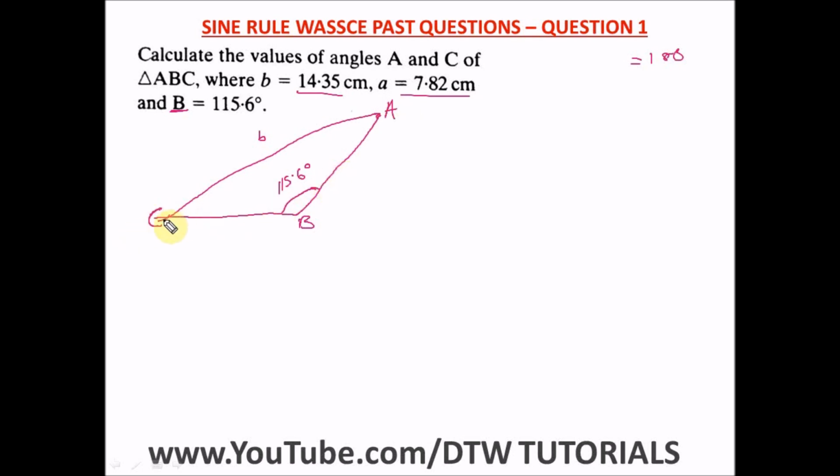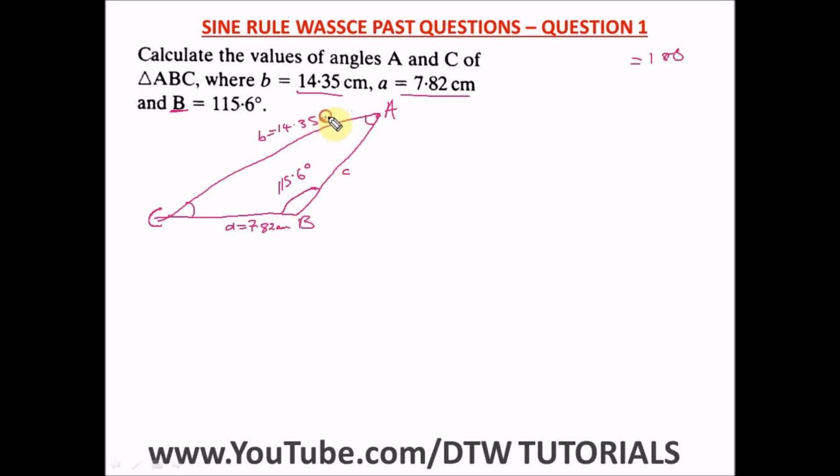So it means this side opposite to this angle C is your side c, and this angle A opposite here, this is your side a. So it says calculate the values of the angles A and C, where b is equal to 14.35 and a is equal to 7.82 centimeter.